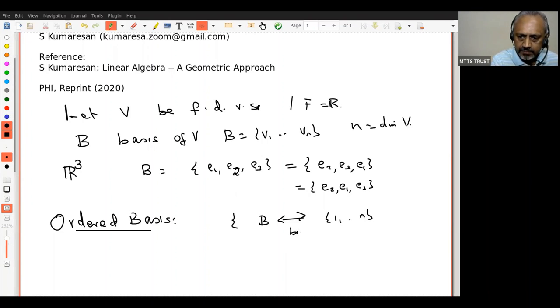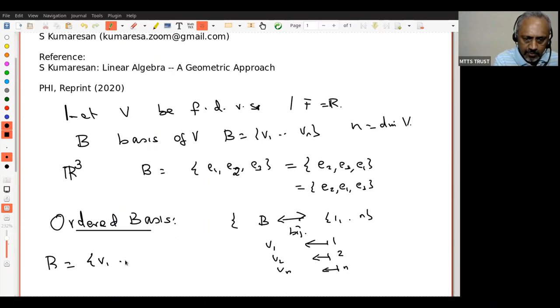This is a bijection. Whatever 1 corresponds to in B, I call it v1. Whatever 2 corresponds to, I call it v2. And whatever n corresponds to, I call it vn. Then I will write B as v1, v2, vn.